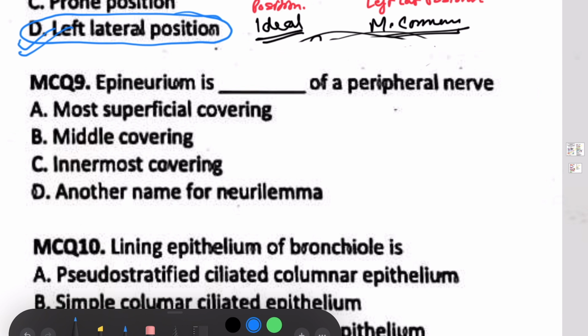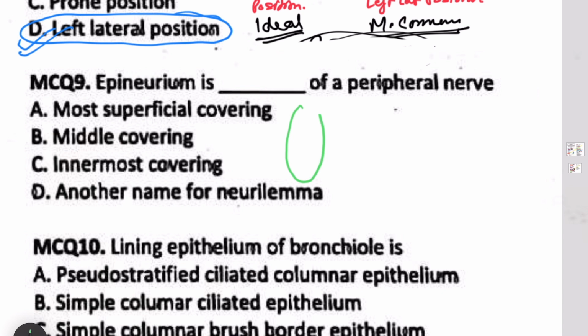Most superficial covering, middle covering, innermost covering, another name for neurilemma. So just listen here. You have a peripheral nerve, right? And if you see layer by layer, the outermost covering here is the epineurium.